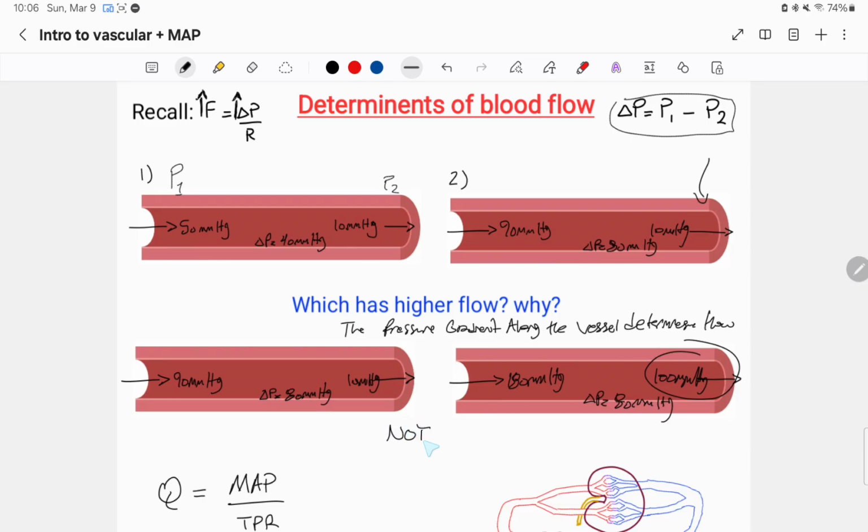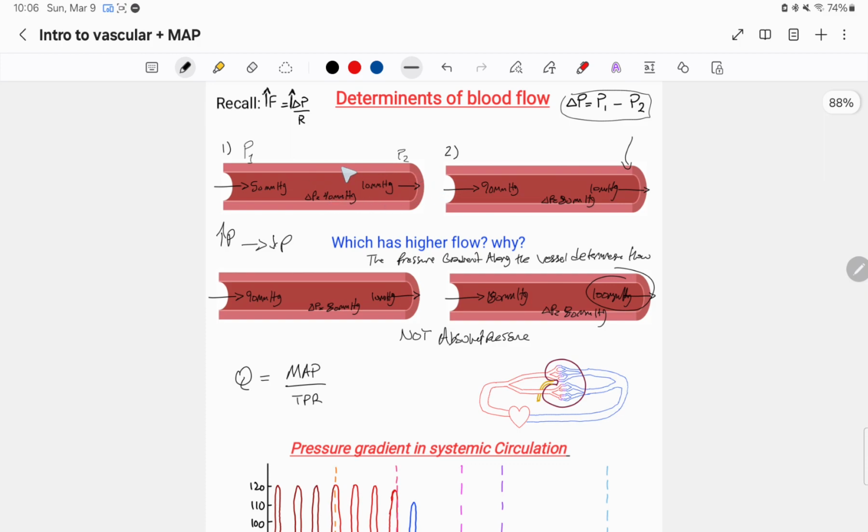And again, remember this: things like to go from an area of high pressure to an area of low pressure. Therefore, it makes sense for the blood to flow from an area of high pressure to an area of low pressure. Awesome. And I'll expand on this idea in a second.